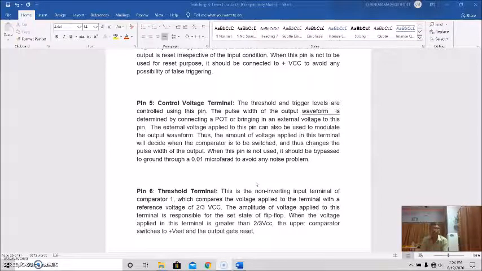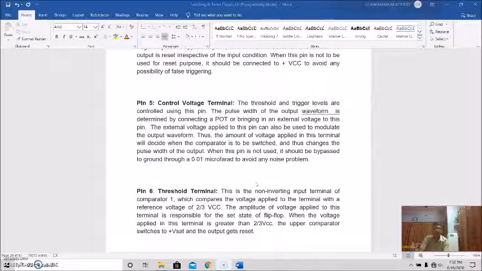So the external voltage applied to this pin can also be used to modulate the output waveform. Thus the amount of voltage applied to this terminal will decide when the comparator is to be switched, and thus changes the pulse width of the output. When this pin is not used, it should be bypassed to ground through a 0.01 microfarad capacitor to avoid any noise problem.